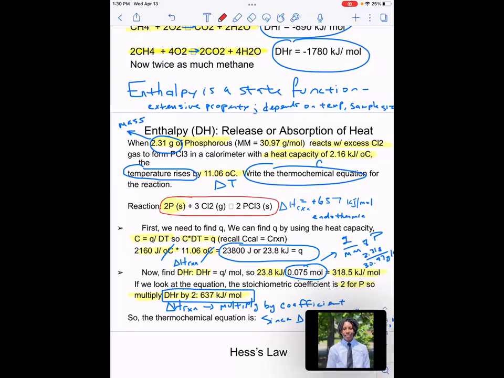But that's not going to give us an accurate delta H for that reaction, because it's based on the excess reagent and not the limiting reagent. Because think about it this way: even when the limiting reagent is used up, the excess is still going to be able to give off some heat, right? And so you don't want that. So the number is going to be inaccurate.